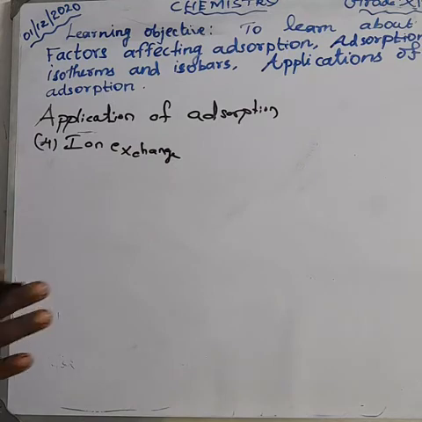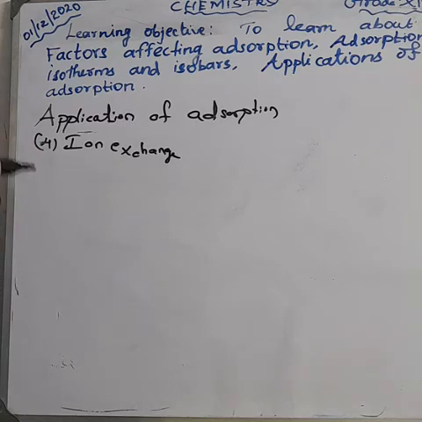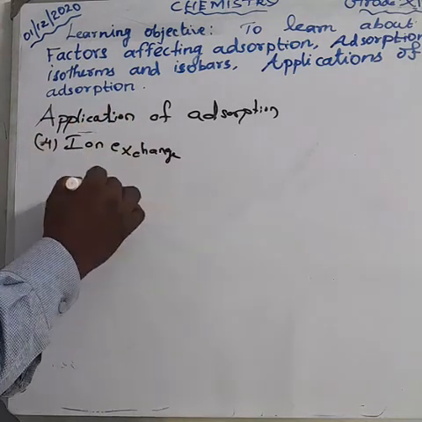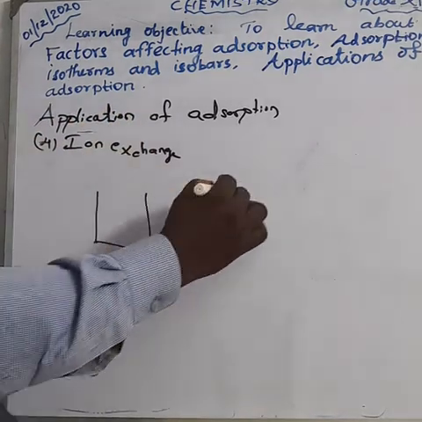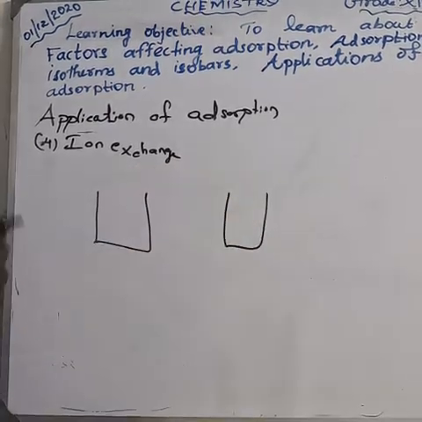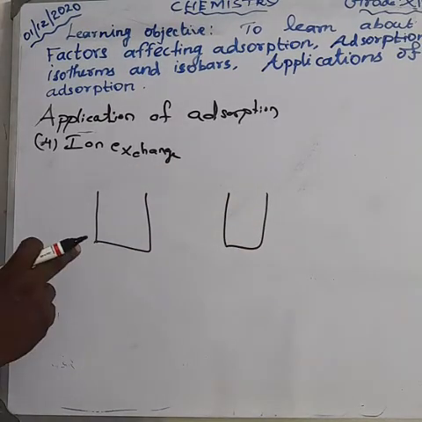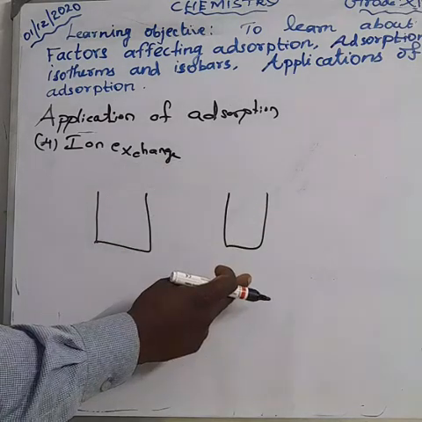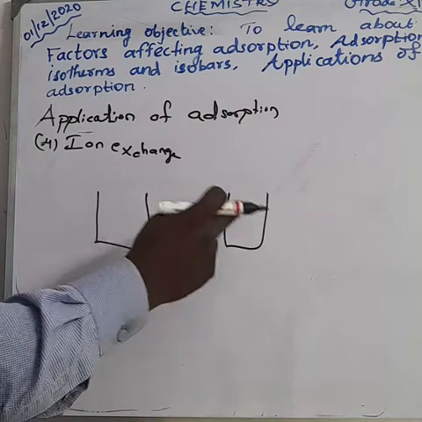Here we are using resin to obtain demineralized water. This process is carried out by passing water through two columns. One column has a cationic resin, and the other has an anionic resin.